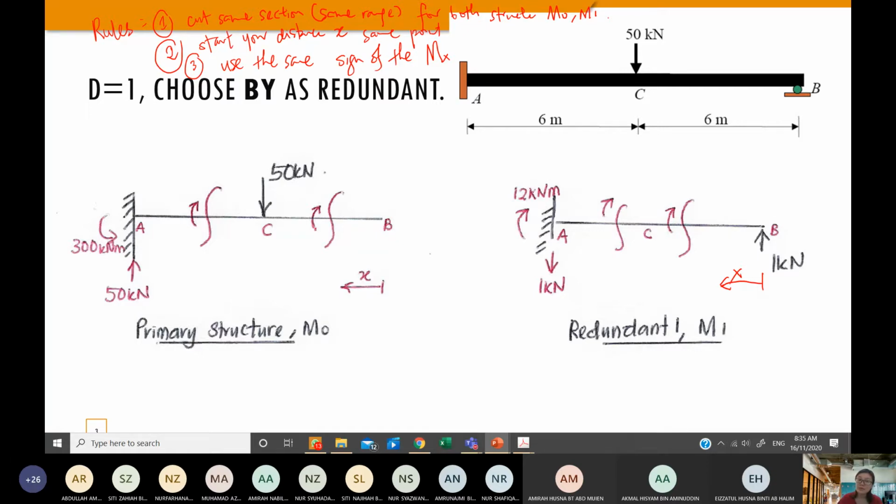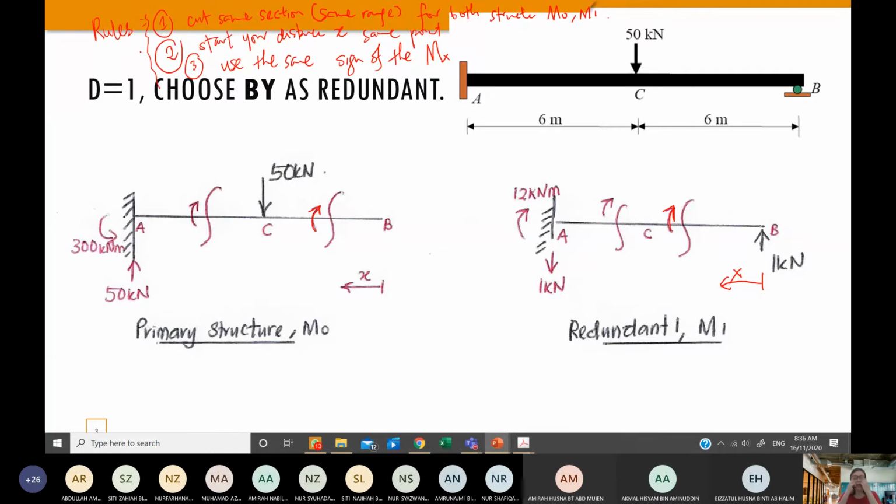So just use the positive sign for both of these. If you want to use a negative sign for this case, no problem, you still get the answer, but make sure your primary M0 and M1 have the same sign. Same sign means that if this is clockwise, for this CB you also apply clockwise. So there are 3 rules here, please take note.